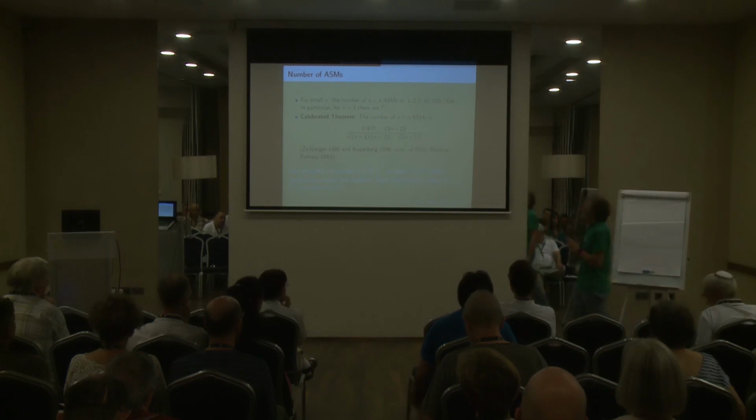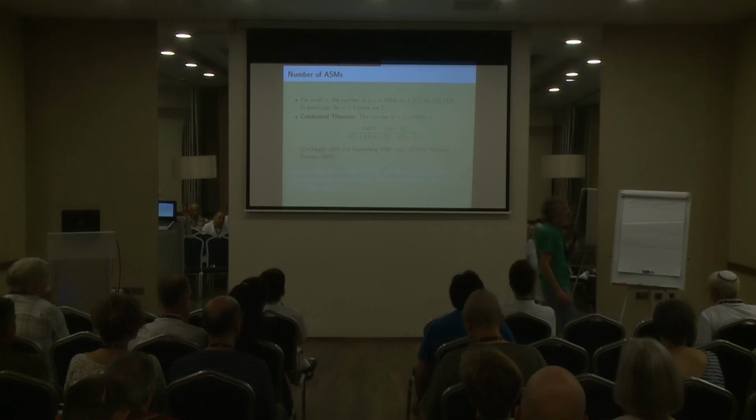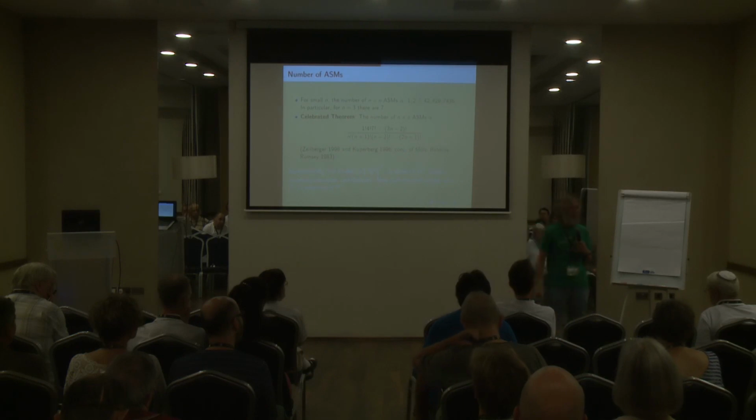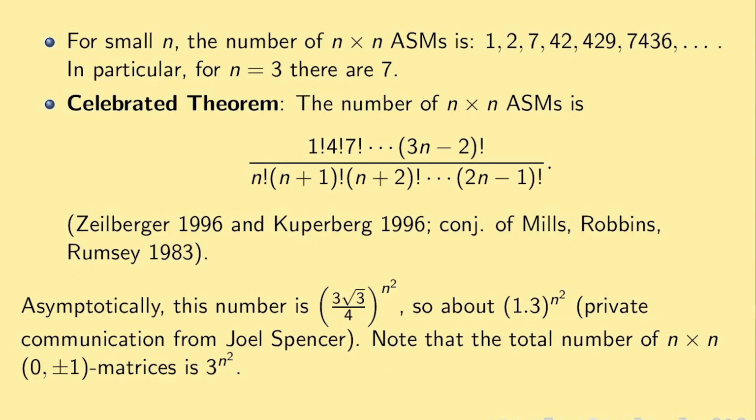I gave a talk on alternating sign matrices in Puebla, Mexico last summer, I think it was. And also there was Joel Spencer there, who is also a celebrated asymptotic person. And he wanted to know what that was asymptotically, and he told me that's what it is.